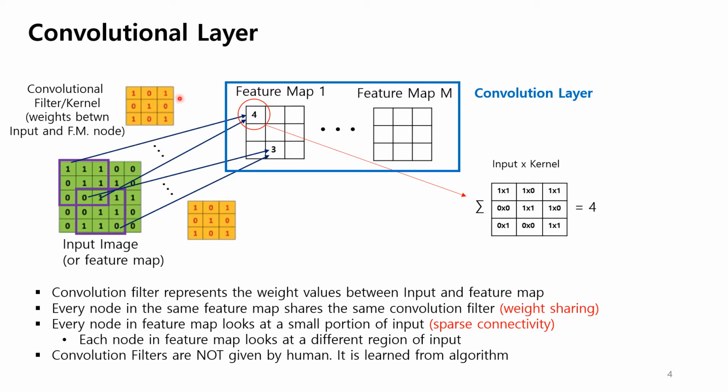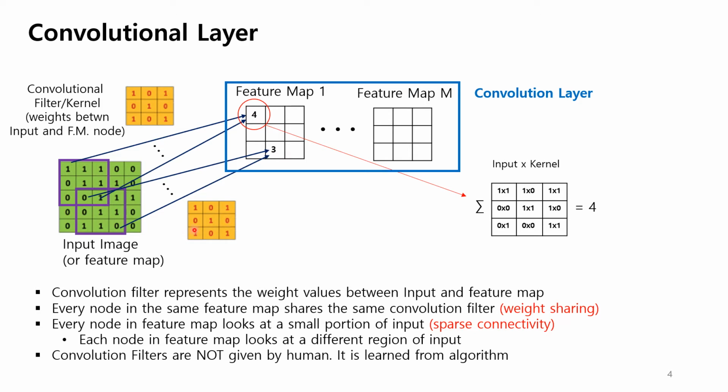So suppose we have these 9 weight values for these 9 links between this node and the input nodes. For each link, we have a weight value. In a similar way, this node also has 9 connections, 9 links, and it should have its own weight values like this.